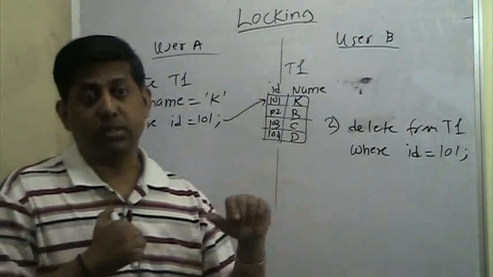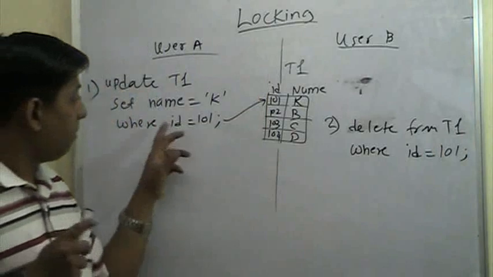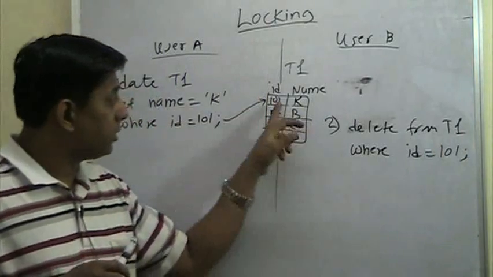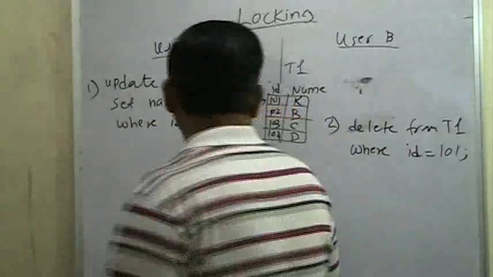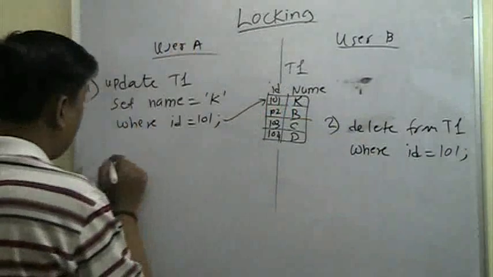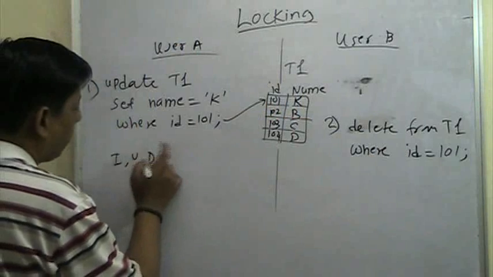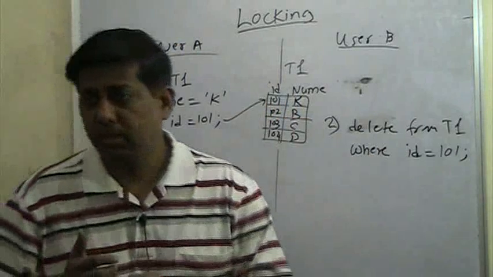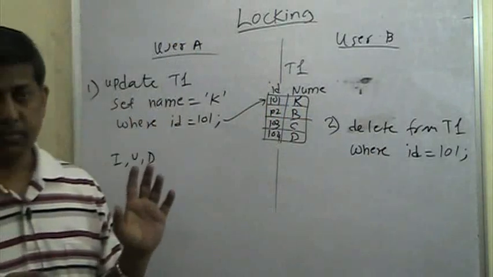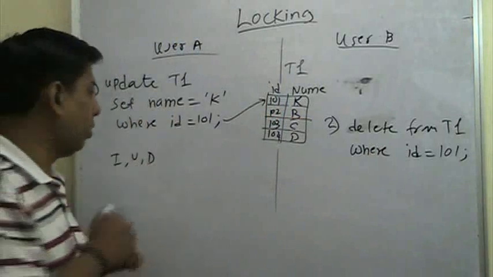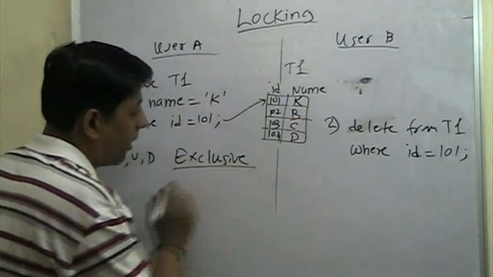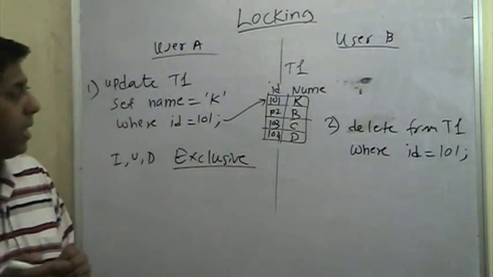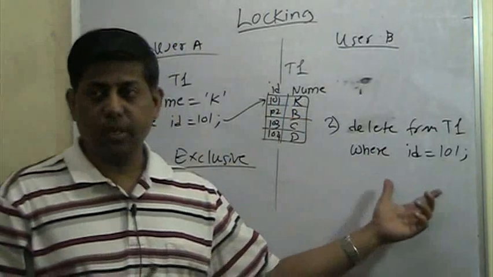No, it will not be successful. Why? Because this delete is going to start deleting this row, but that row is locked. So when you fire an insert, update or delete, these three things, the row is locked, and it is locked in an exclusive way. Which means nobody else can do an insert.